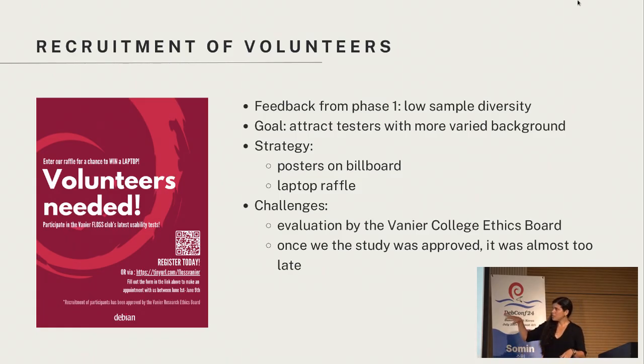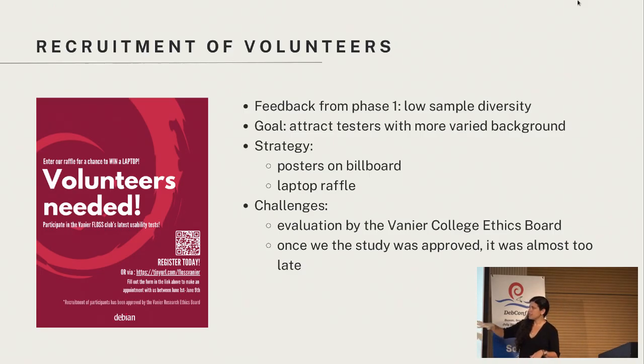The challenge in terms of timing was big because since the study now was public and we were outreaching the whole college, we also had to pass through the ethics board. Vanier College Ethics Board had to approve our study, and that means some paperwork, and we had to prepare everything for their approval before we could start.